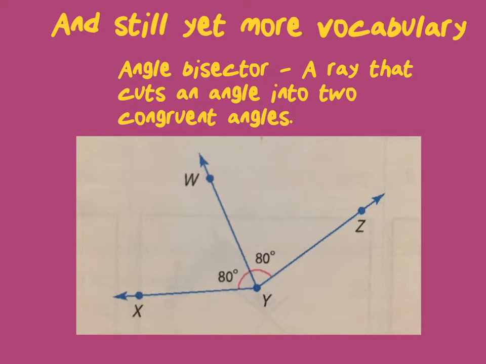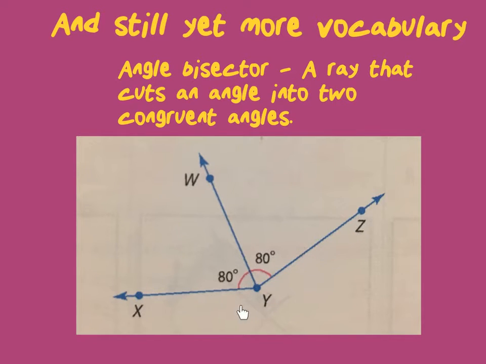And because I know that you love vocabulary, I have more for you. Last one for this video is an angle bisector. An angle bisector is a ray that's going to cut an angle into 2 congruent angles. So on this picture, you'll see that we have angle XYZ.